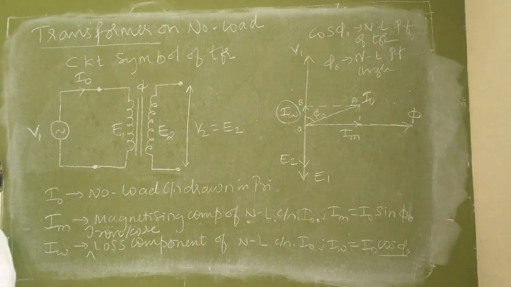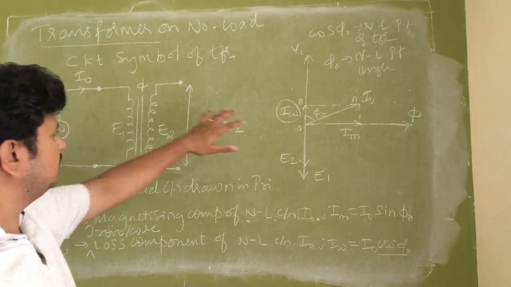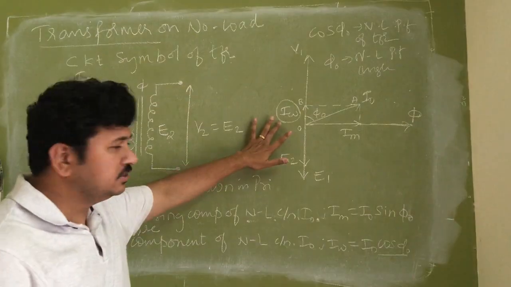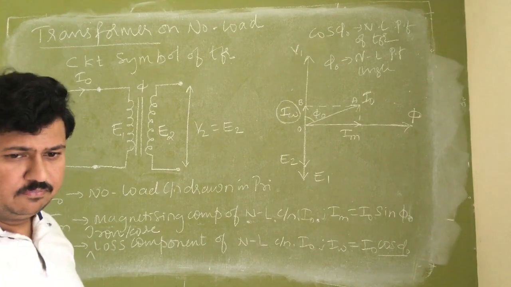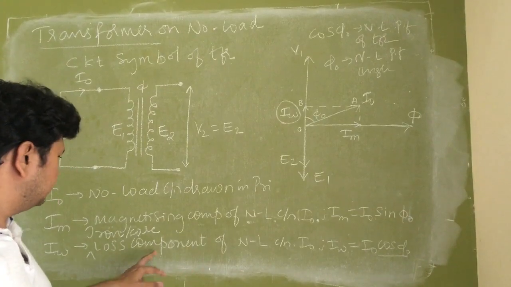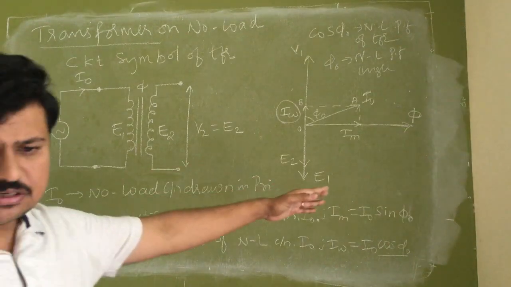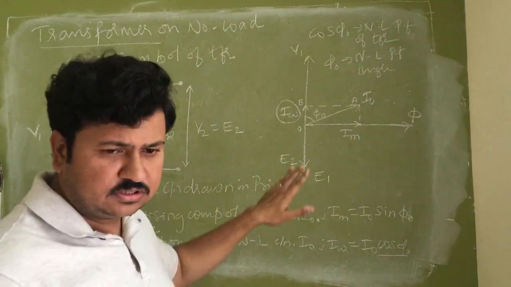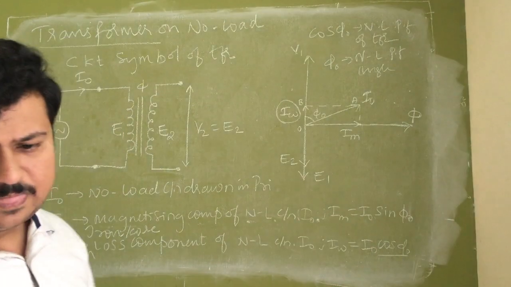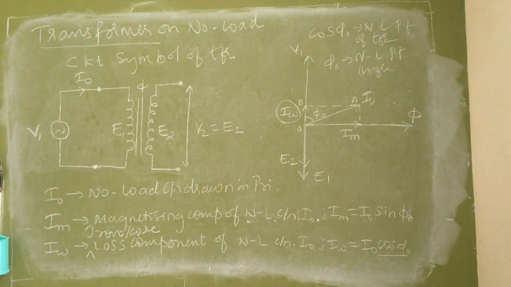Now I am dealing with the loss, so it is the power loss component. Hence, IW is known as the core loss component. IM is known as the magnetizing component because it is magnetizing the core by creating the magnetization or the flux. It is creating losses or satisfying the losses. It is called the loss component of the current.